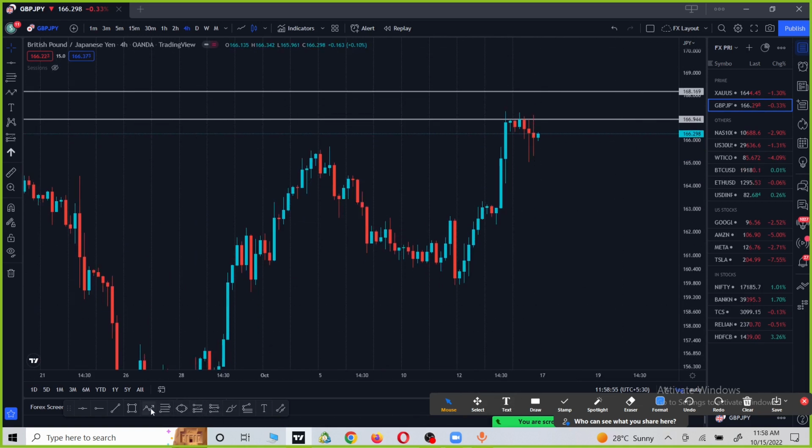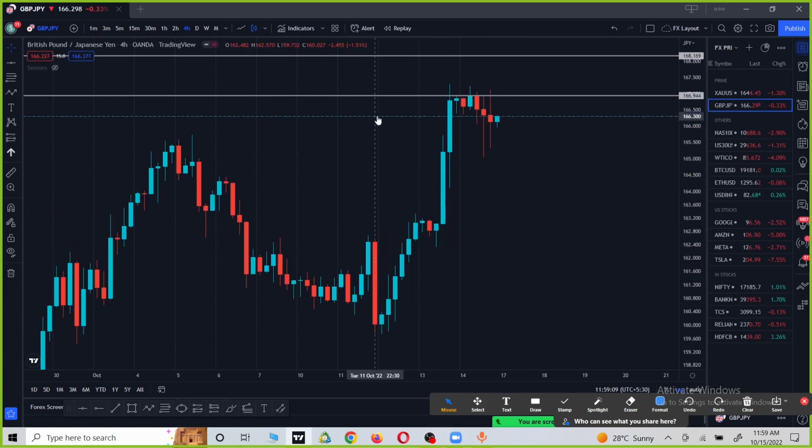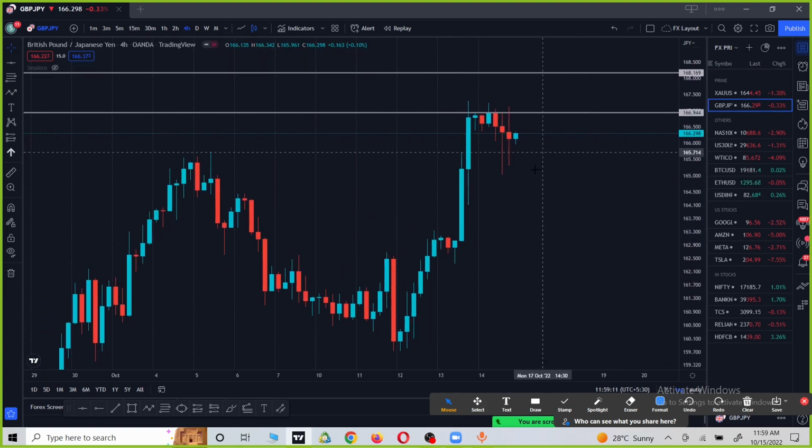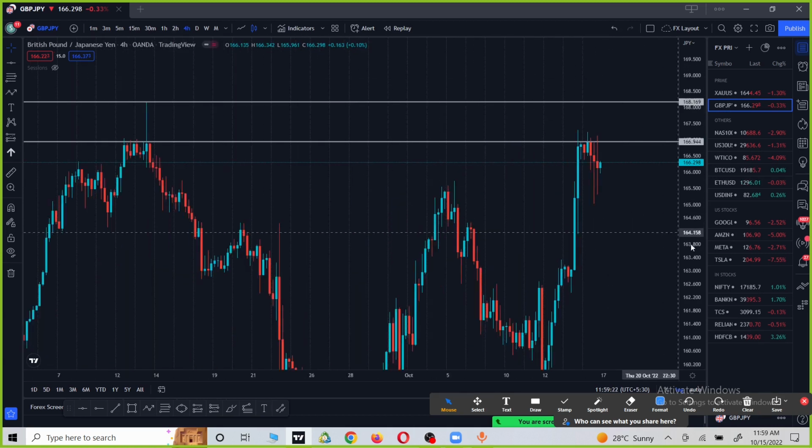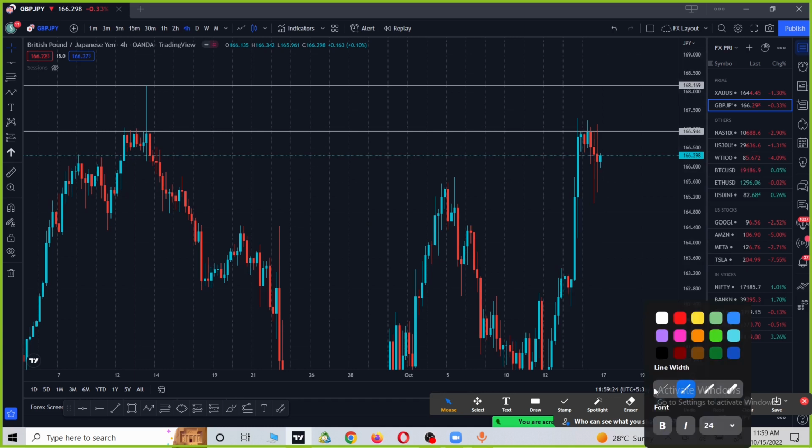Also, as we can see, the price is making a higher low, so we can make a pullback to move to the upside. But anyways, we have a strong resistance, and right now price is pulling back down to maybe make a new high. Anyways, on the 4-hour as well, same as the weekly and the daily.